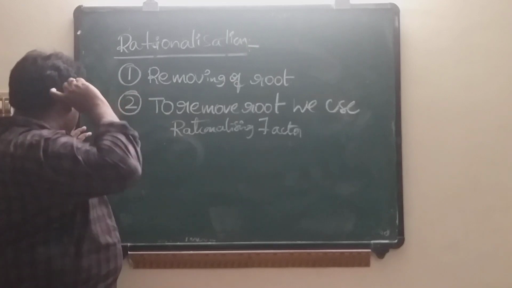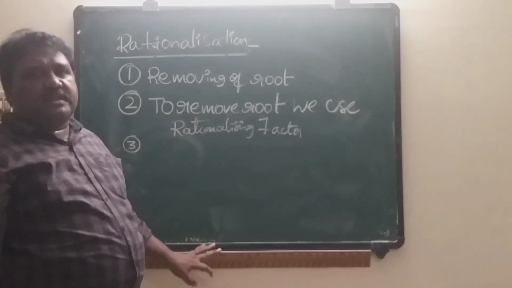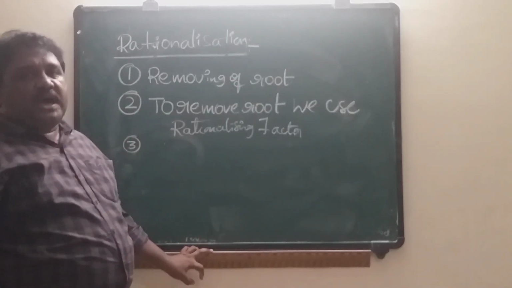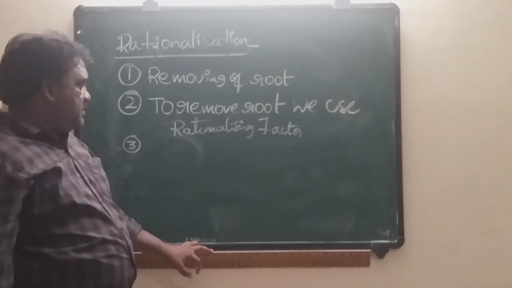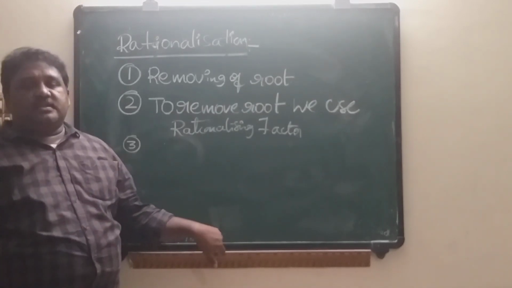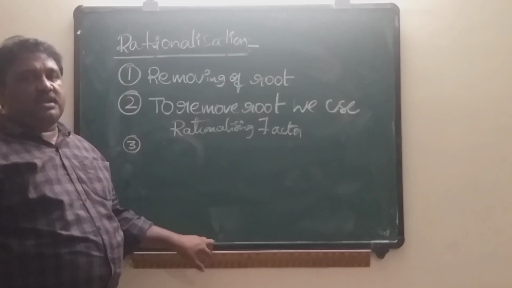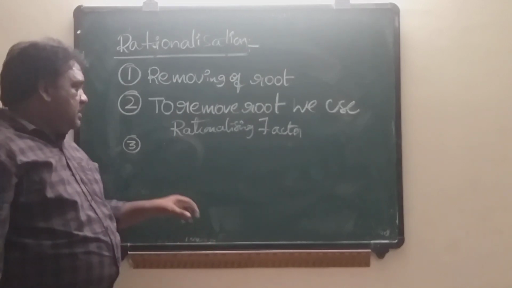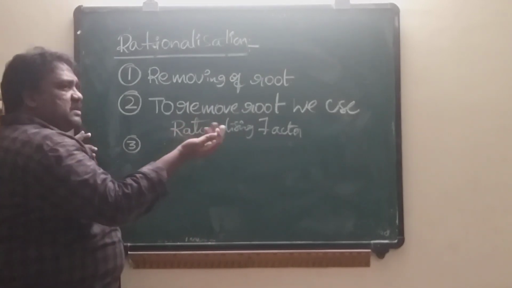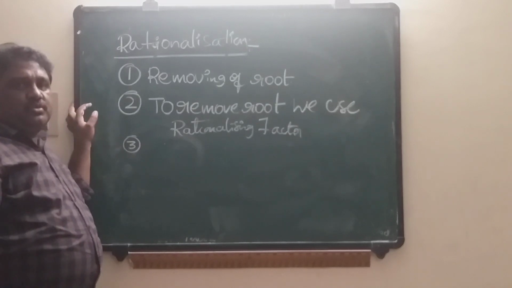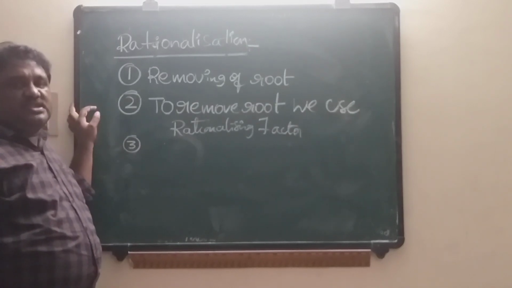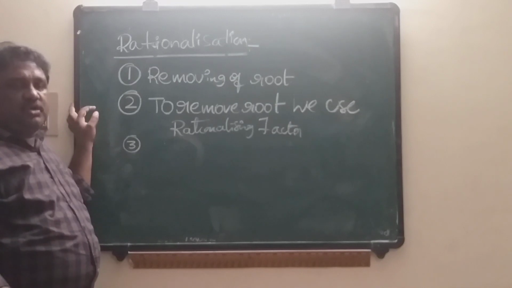You know irrational numbers. The numbers which are not in the form of p by q are known as irrational numbers. What are the examples of irrational numbers? Root 2, root 3, root 5, root 7, pi, e, and so on.